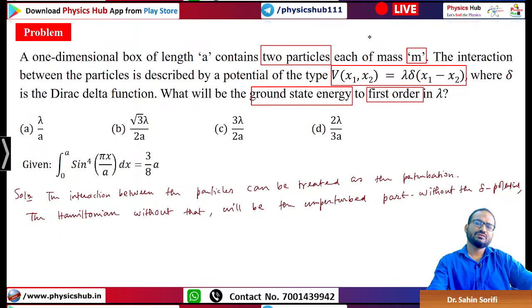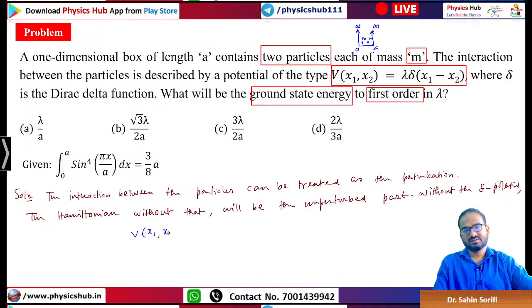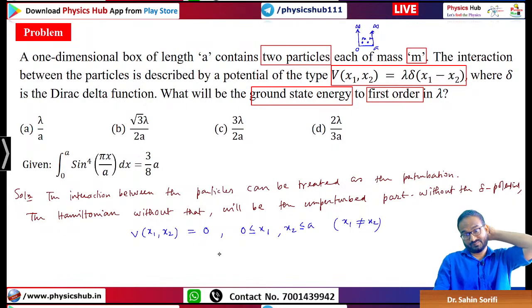Here we used to deal with only one particle, but here inside the 1D box we have two particles, right? Two particles, each having mass m. So here instead of writing V of x, we will write V of x1, x2. So this is 0 for 0 less than or equal to x1, x2 less than or equal to a, x1 not equal to x2, and it is equal to infinity elsewhere.